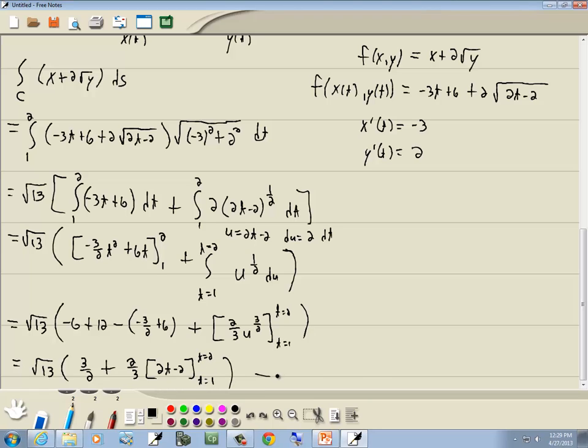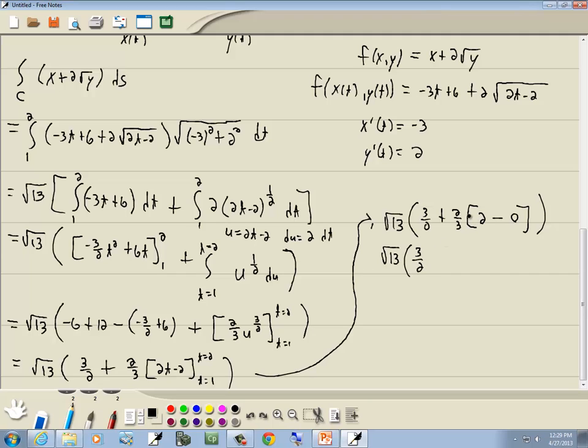I'm going to have room, I think. Fantastic. So square root of 13 times 3/2 plus 2/3. Plug 2 in: 2 times 2 is 4, minus 2 is 2, minus, and we'll plug 1 in: 2 times 1 is 2, minus 2 is 0. So we got square root of 13 times 3/2, plus 2 minus 0, which is 2, times 2/3 gives us 4/3.